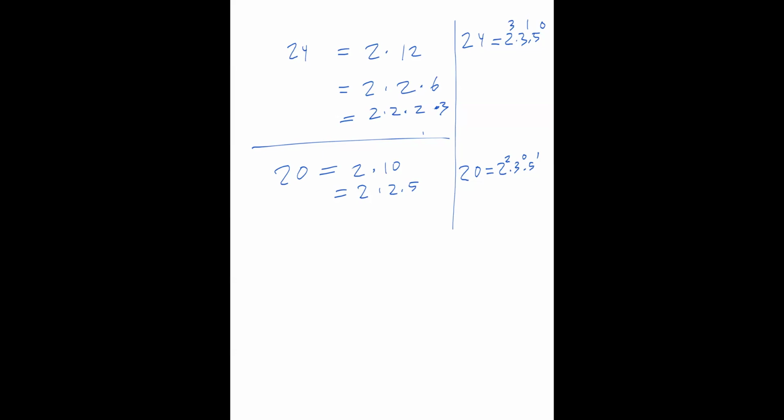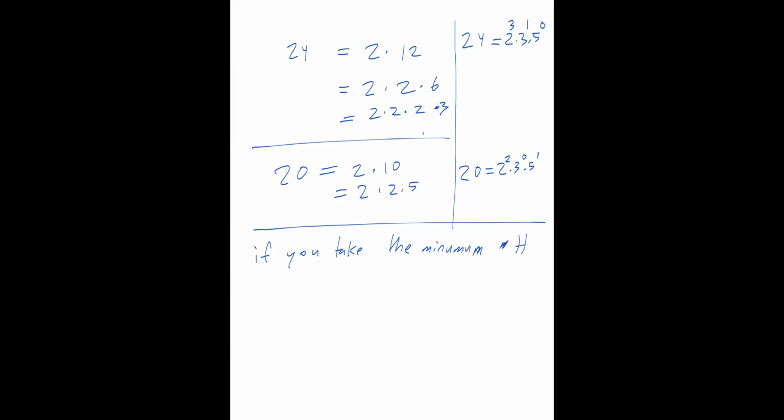But technically, if you counted up how many of each prime number are in 20 and 24, the result of that would be called the prime number decomposition of it. So if you take the minimum, sorry, let me spell minimum right. The minimum power, I'm just going to say the minimum number, because that's maybe easier to understand.